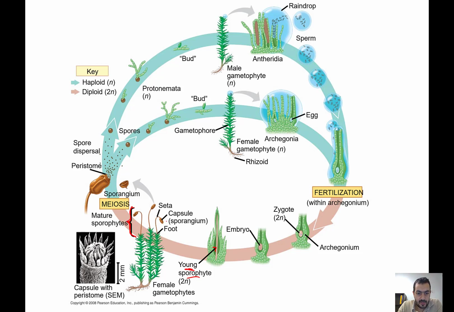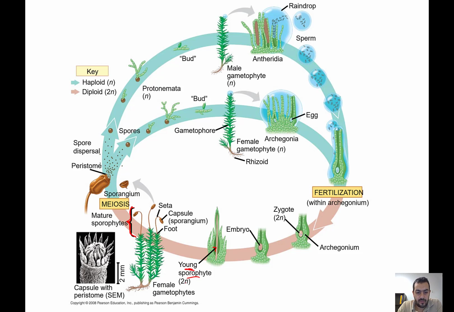The sporophyte is composed of a capsule, which is called the sporangium, as we said before. If you remember, the sporangium is the organ in which the spores will be formed. Then we have a seta, and then a foot that carries the sporophyte and connects it to the gametophyte.